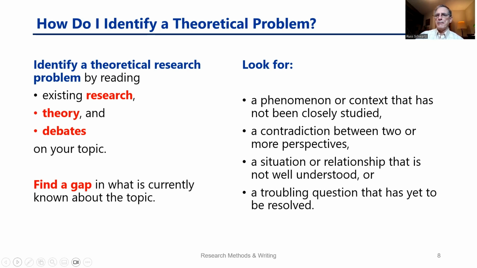That is, where two people are disagreeing about how things are or how they should be or what causes them. Look for any kind of a situation or relationship between people that is not understood well. Or just look for a troubling question that we still don't have any real good answers to.